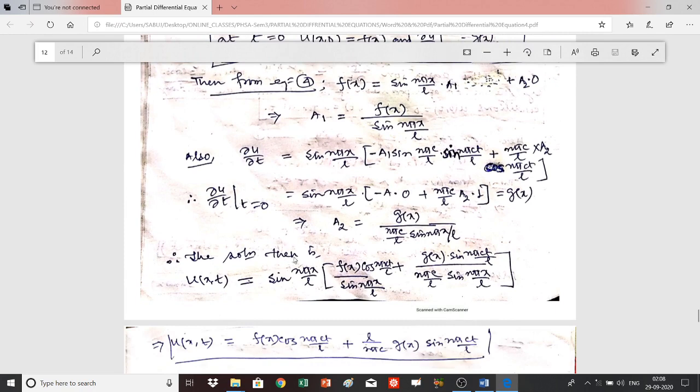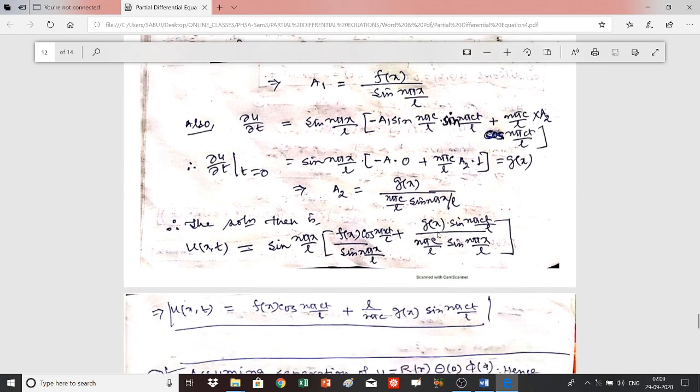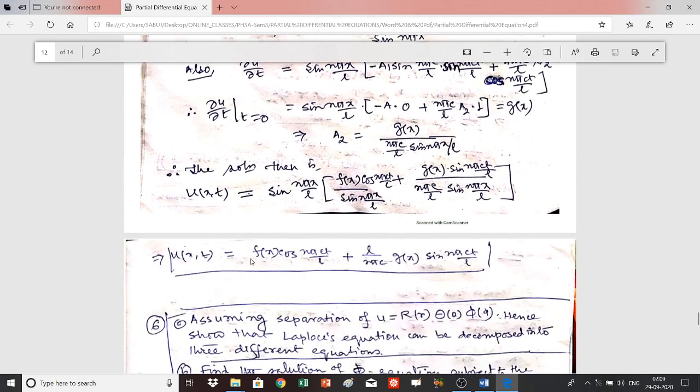So the solution then becomes u(x) is equal to sin(nπx/L) times f(x) cos(nπct/L) plus g(x) sin(nπct/L) by nπc, times sin(nπx/L). Just substitute the values, you can obtain this. So this is the final solution.